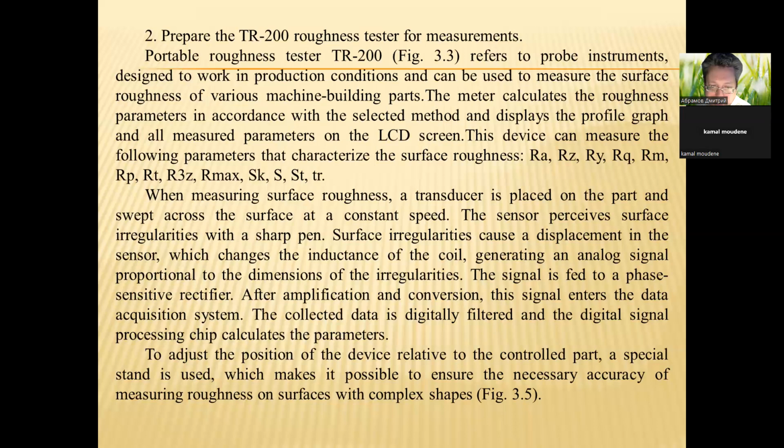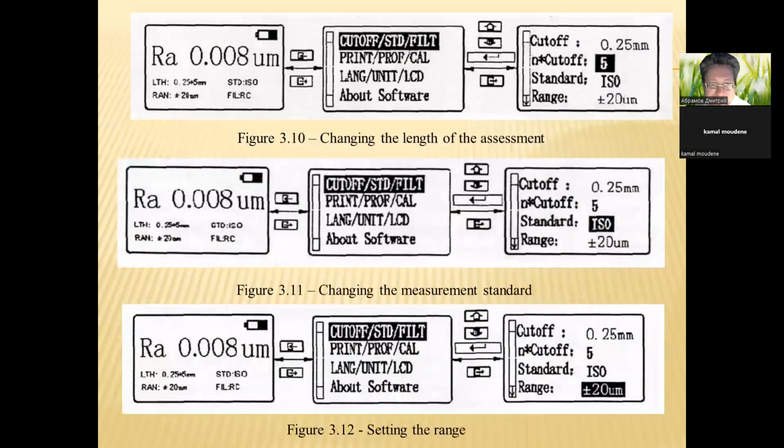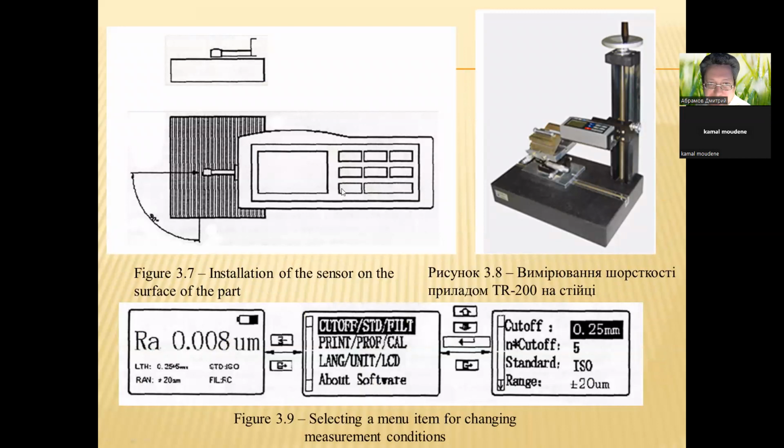To adjust the position of the device relative to the controlled part, a special stand is used, which makes it possible to ensure the necessary accuracy of measuring roughness on surfaces with complex shapes, like in figures 3.7 and 3.8.